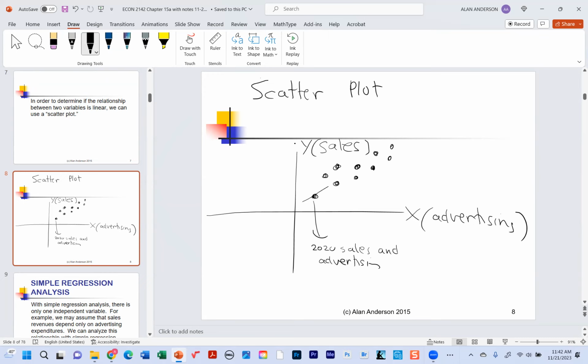Now, clearly, the relationship looks linear, although it's not perfect. It's never going to be perfect. You can see, though, the points are pretty close to this line, which itself has a positive slope. So what this plot is telling me is a couple of things. Number one, the data are approximately linear.